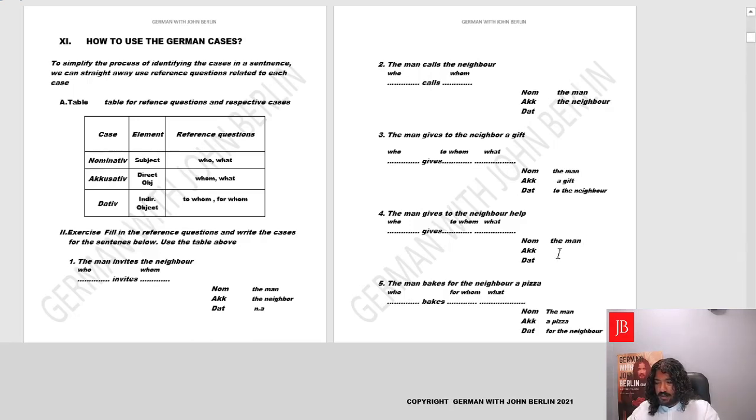What does the man give to the neighbor? Help. And to whom does the man give help? The neighbor. So here is how you get your nominative, accusative, dative.